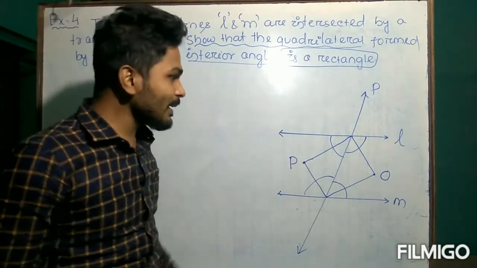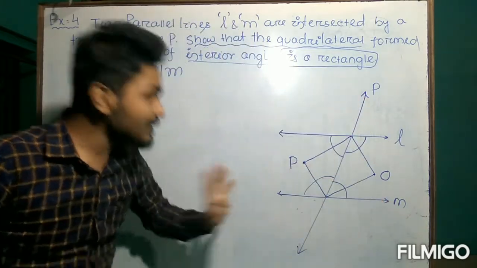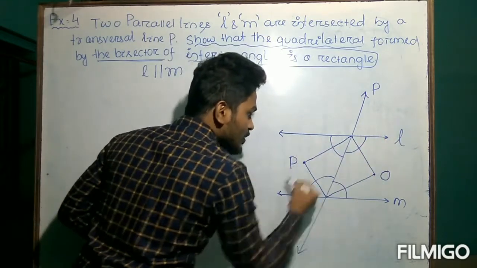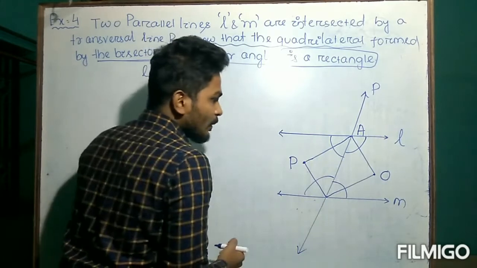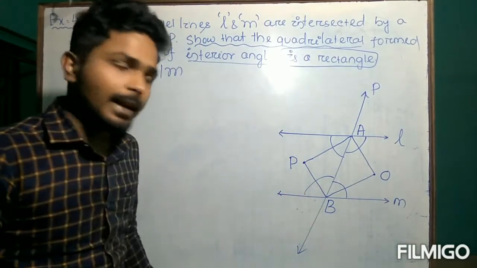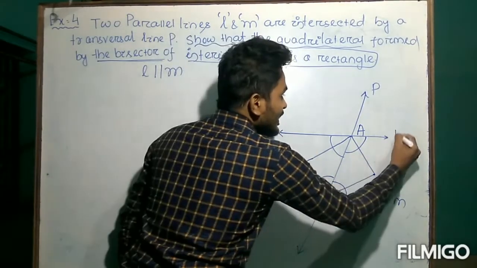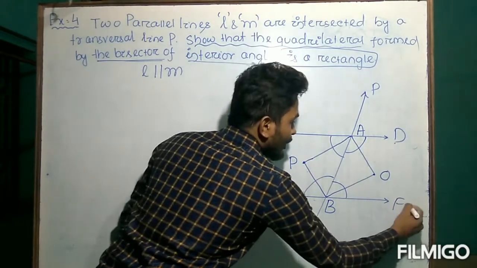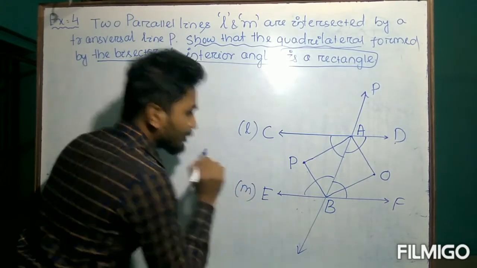According to the question, these two lines are parallel lines and this is the transversal line. Suppose this transversal line intersects these two lines at two points, A and B. Suppose this is CD and this is EF, this is the L line, this is the M line.